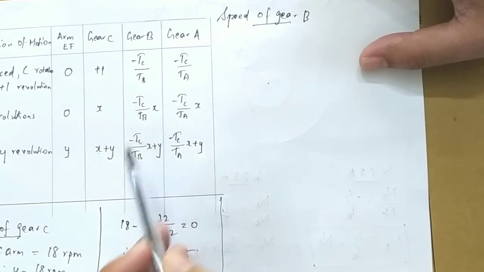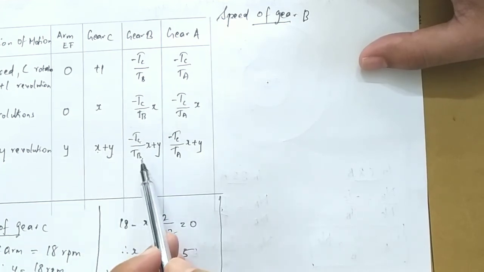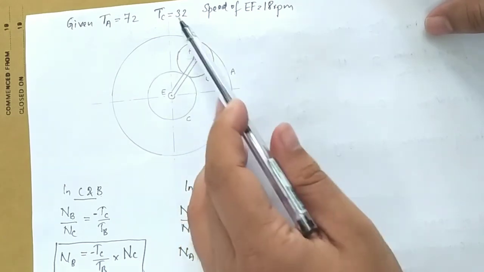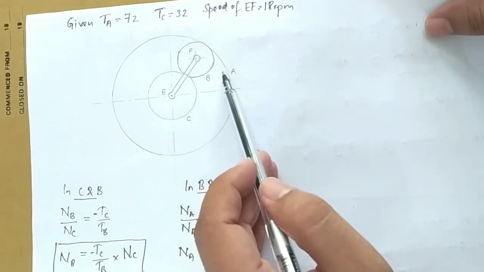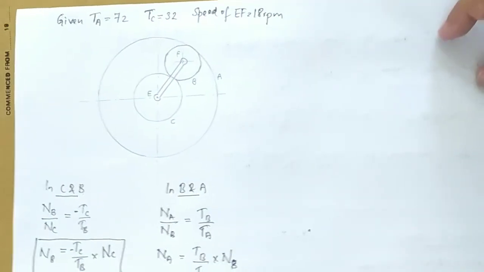TC is given in the question, but TB is not given. So you have to find out the number of teeth in gear B. I'll again take the diagram. You can see TC is given as 32 and TA is given as 72, but this quantity is not given. So how to find this?